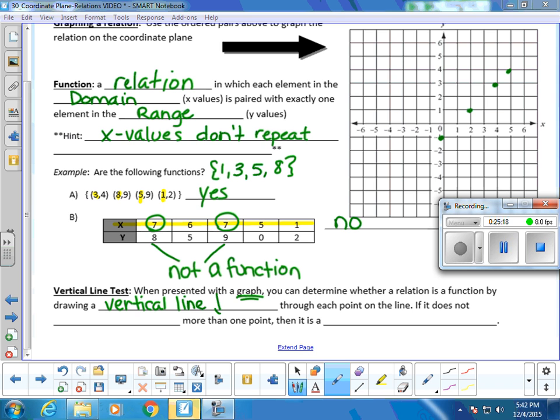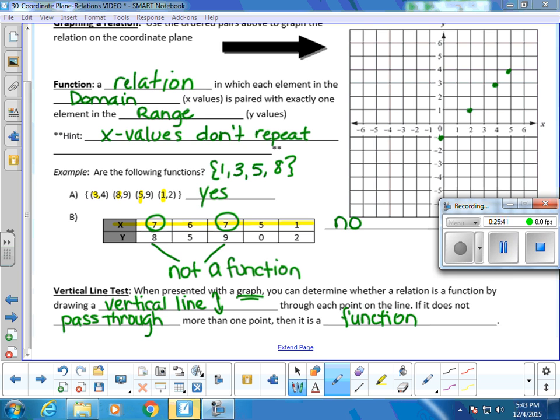Remember, vertical means up and down, through each point on the line. If it does not pass through more than one point, then it is a function. I love this one. This one's the easiest one.